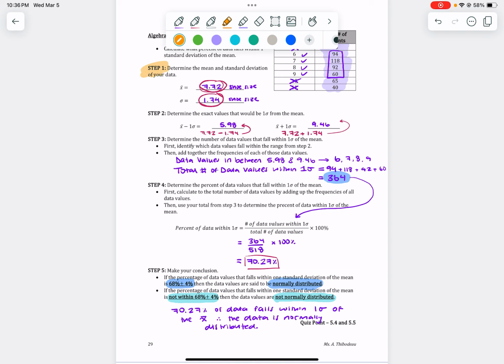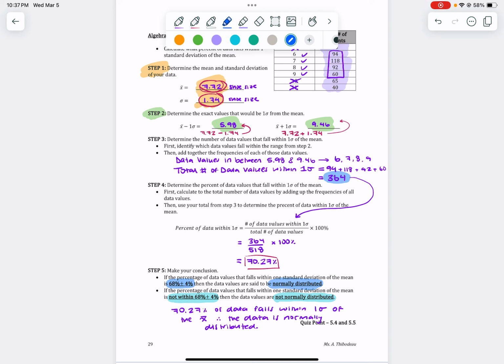I'm hitting the stat button, sliding over to calculate, hitting one var stats, L1 and L2, and calculating to get these values. My next step is figuring out the range in which 68% of the data should fall. So 1 standard deviation down and 1 standard deviation up.